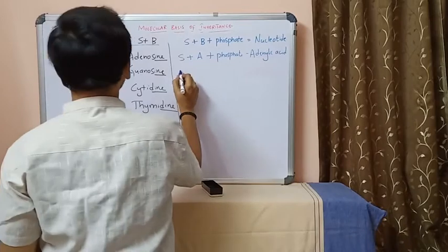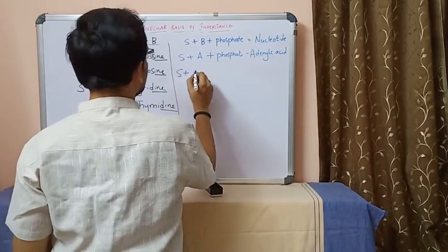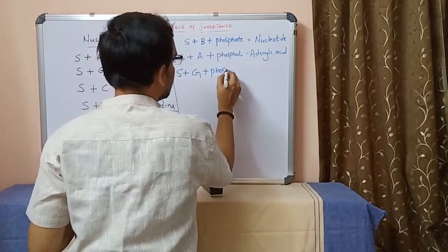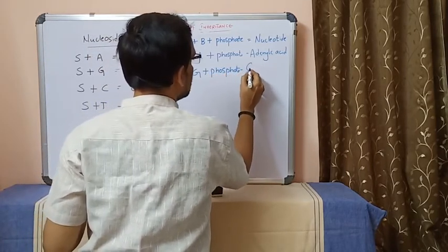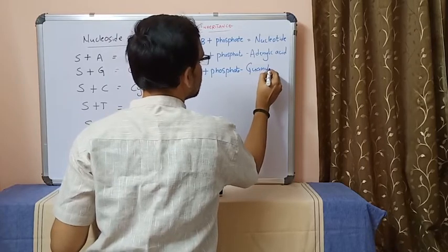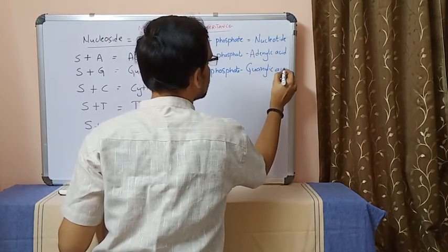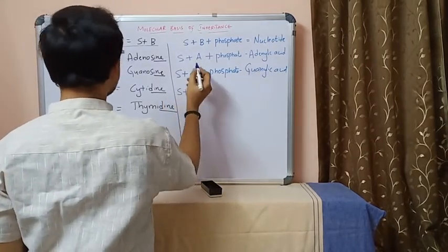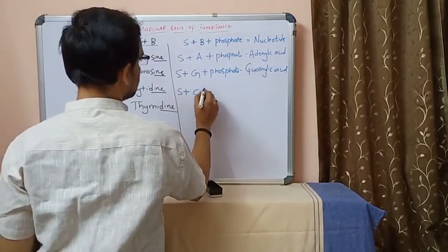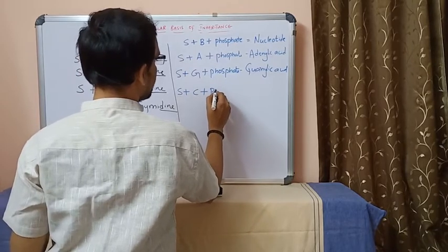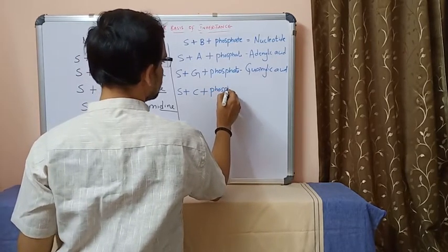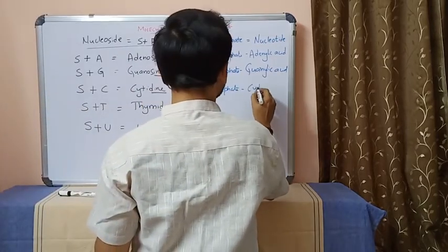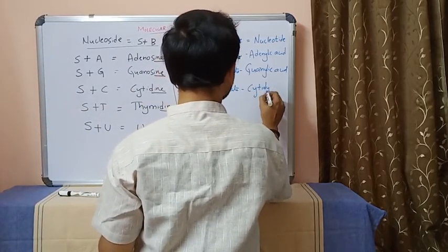Adenylic acid. Next, sugar plus, if the base is guanine, and phosphate, it is called guanylic acid. Next, sugar plus cytosine plus phosphate, cytidylic acid.